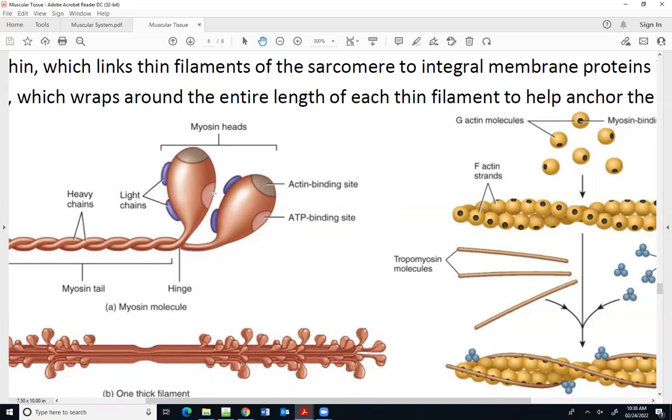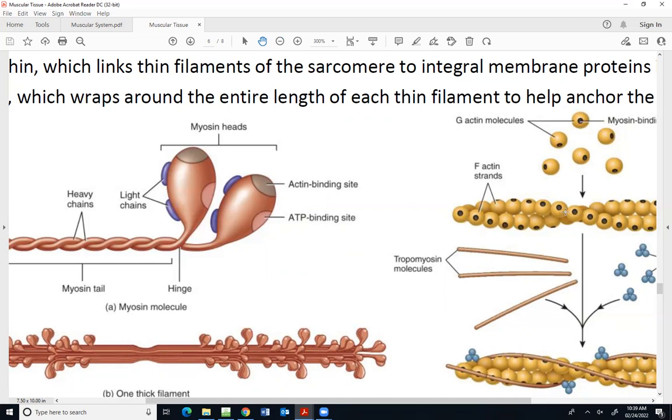If you grab the rope with your arm already bent, can you pull it any closer to your body? Not really. So that's what the hinge is important for. It enables the head to go from a cocked or flexed position, shown here, to more of an extended position. And what's really cool is these two heads just alternate in the grabbing and pulling of actin.